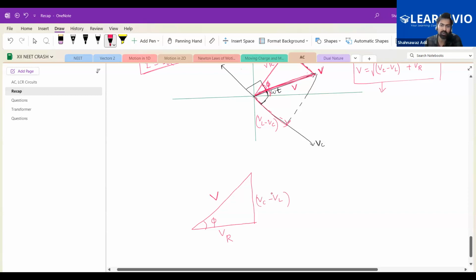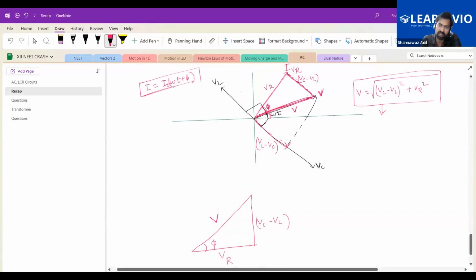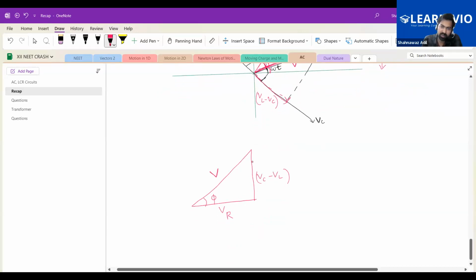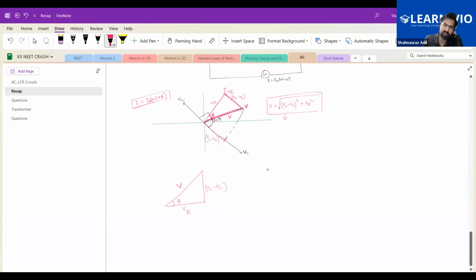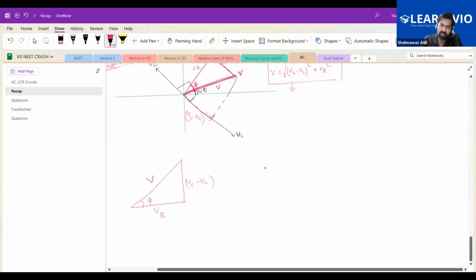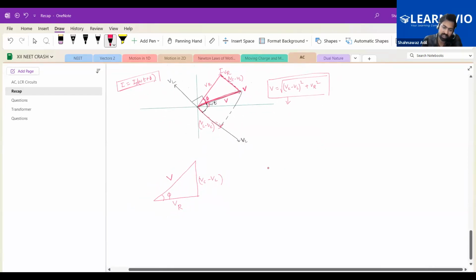This is the overall diagram that we are getting. If we remember this, then we can find out everything: the overall voltage, and the phase angle also.